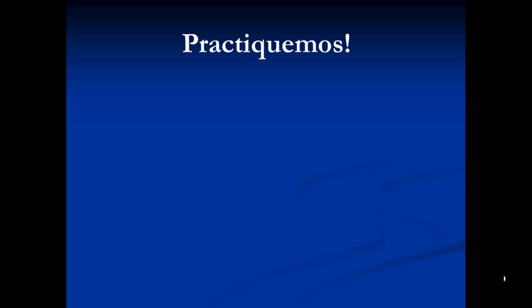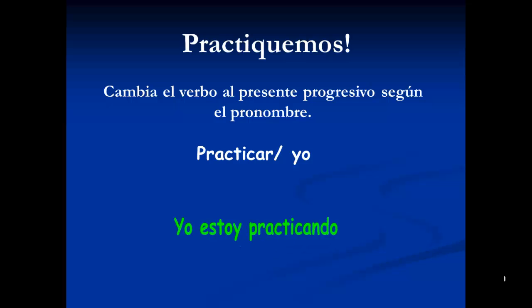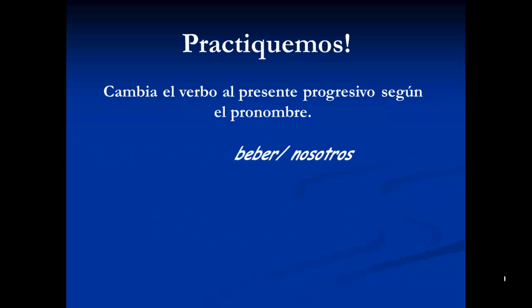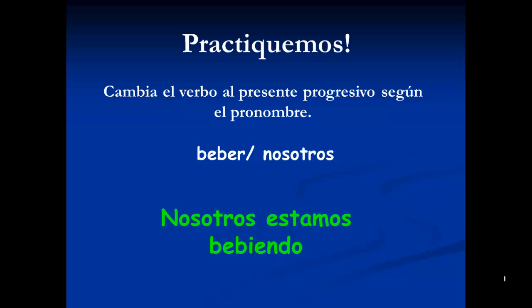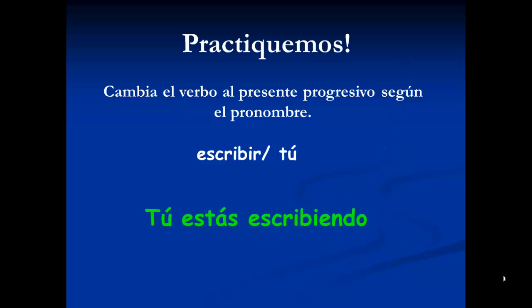So let's practice a little bit with the irregular ones. Practicar and yo would become estoy practicando. Beber and nosotros would become nosotros estamos bebiendo. Escribir and tú, estás escribiendo.